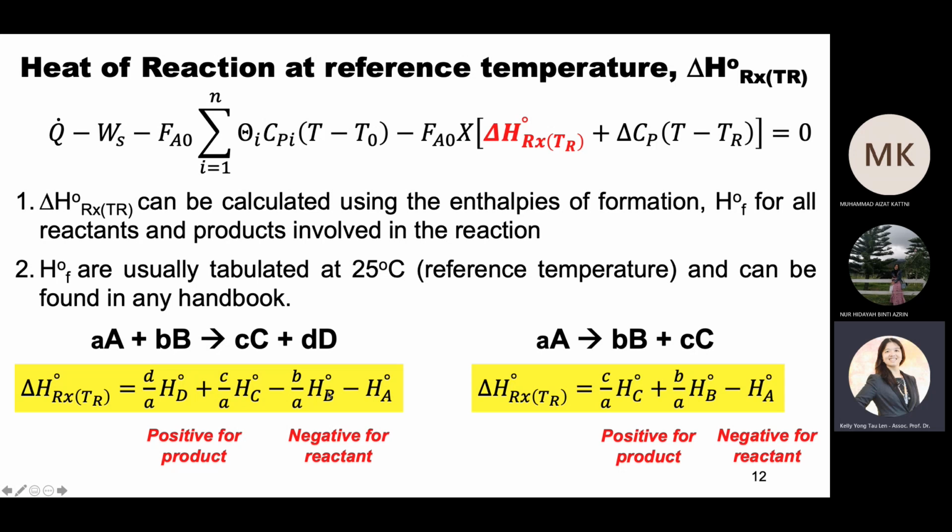So minus B per A heat of formation of B minus technically A per A, tapi sebab A per A 1, so minus heat of formation of A. Okay, so that's how we calculate heat of reaction menggunakan heat of formation of reactant and product.